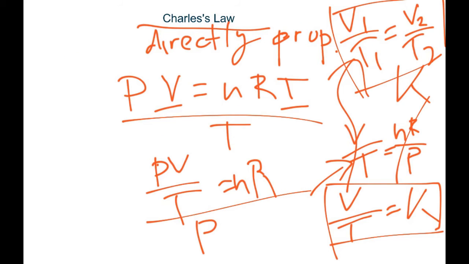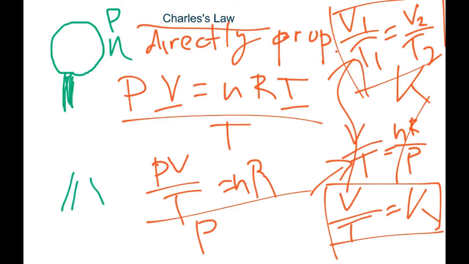Now let's see if Charles's law makes sense. It relates volume and temperature for a certain pressure and moles. So let's take a hot air balloon. Let's say the balloon is deflated and it has a certain number of moles and a certain pressure that will stay constant. If you heat it up using a fire, then the hot air balloon will expand.